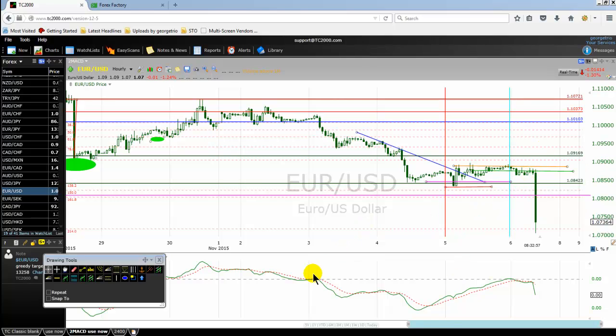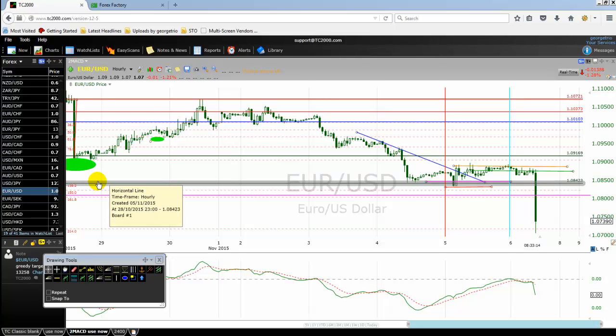But I was rewarded nicely with the Australian dollar, US dollar currency pair. It's not a bad trade, coming out at 0.7090. Beautiful trade.